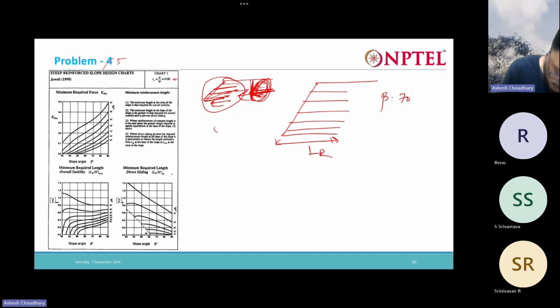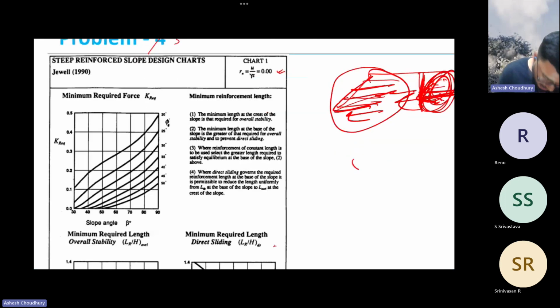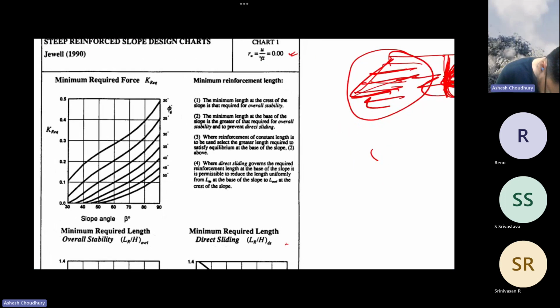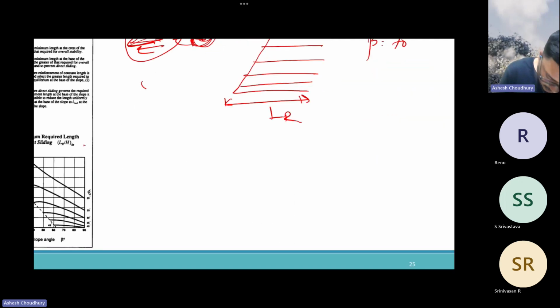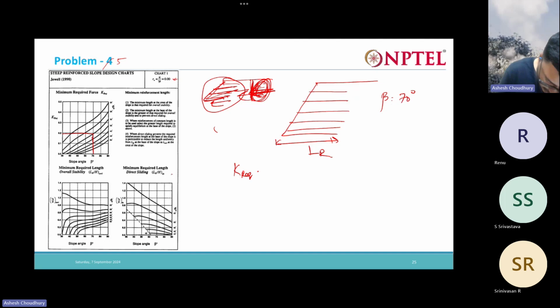For beta equal to 70 degrees, what values are we getting? This is for 30 degrees, for 70 it will go approximately here. So K required you can take as 0.19, approximately from the graph.